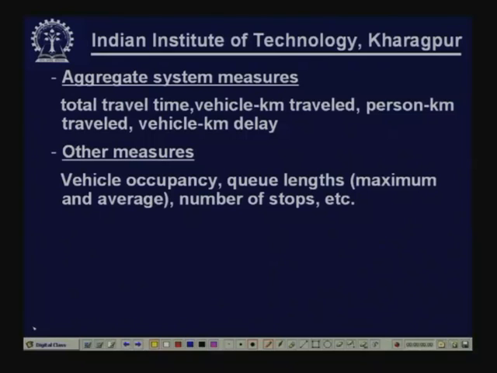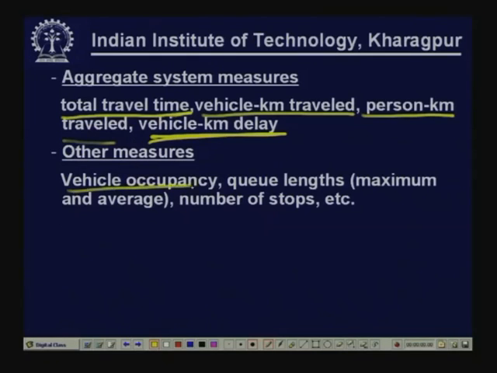Sometimes one can use aggregate system measures like total travel time, vehicle kilometer travelled, person kilometer travelled, and vehicle kilometer delay. All these can be considered, and they basically indicate aggregate system measures. There are other measures, for example, vehicle occupancy and the queue length. Queue length is particularly relevant for a signalized intersection.